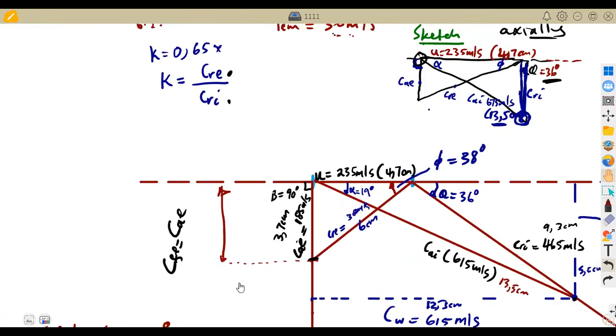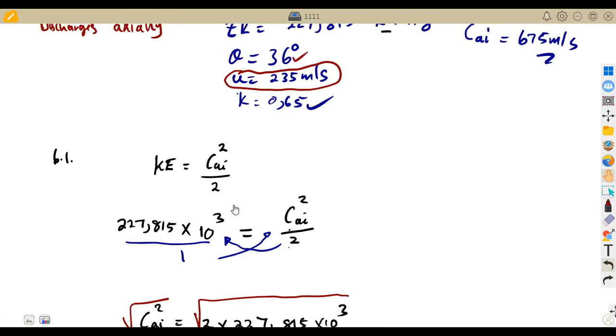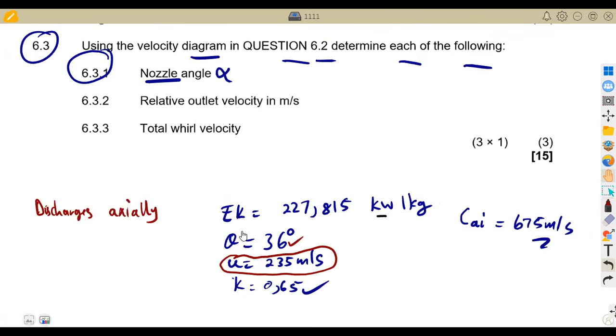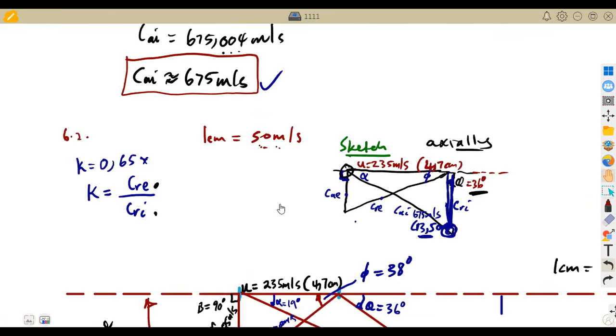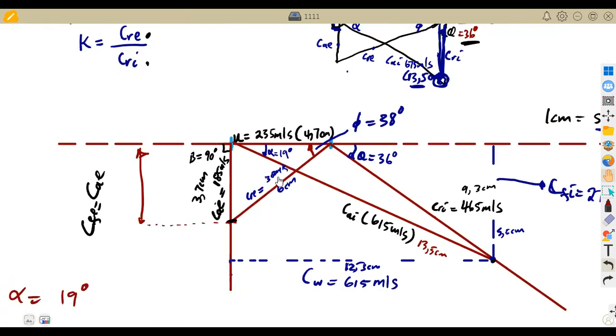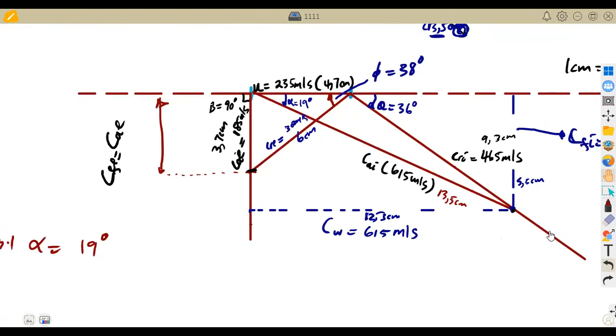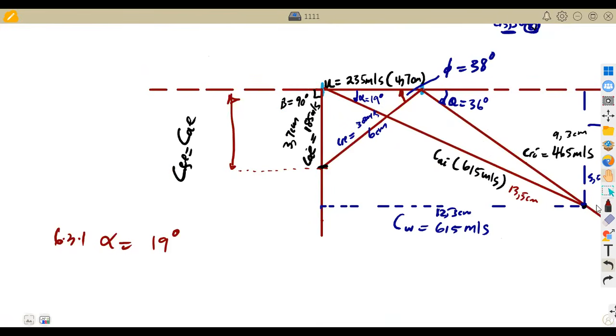And also, we are asked here to state the relative outlet velocity in meters per second. We calculated this, the relative outlet velocity, which is 6.3.2. So we are given to calculate the relative outlet, which is at the exit.